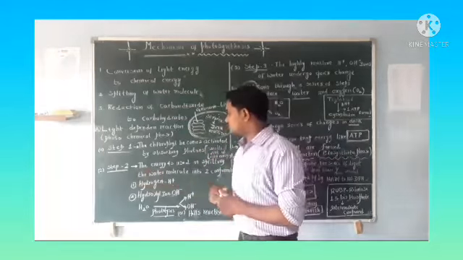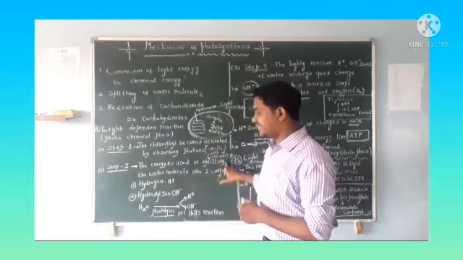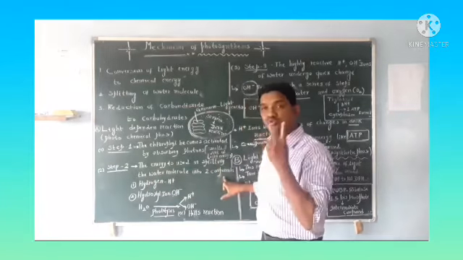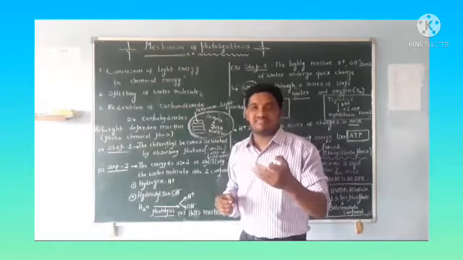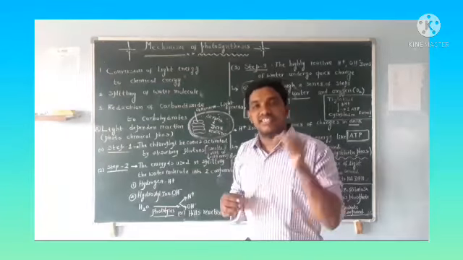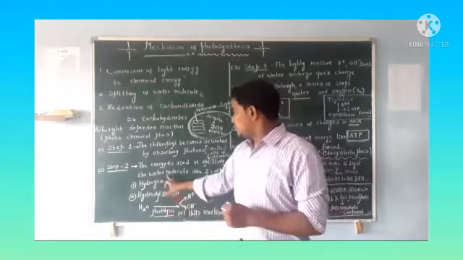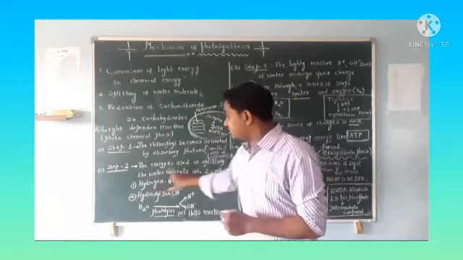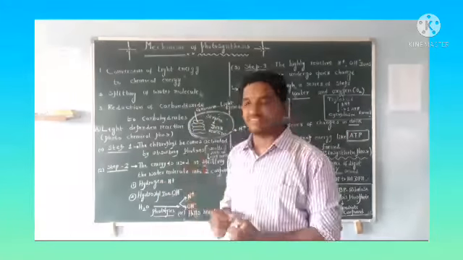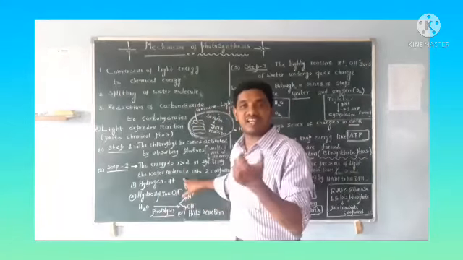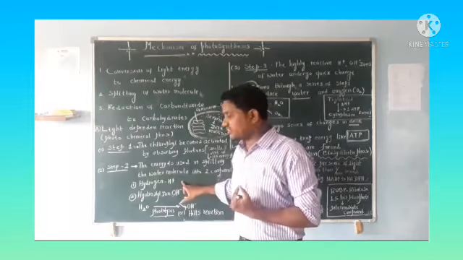Step number two. The energy is used in splitting the water molecule into two components. When it receives the light energy, this energy is used in splitting the water molecule, dividing it into two components. One is hydrogen ions, that is H+ ions.